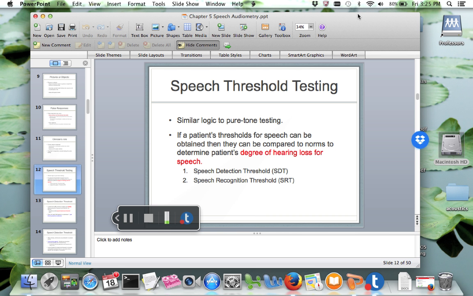Okay, so the first test that we're going to perform is speech threshold testing. This is similar to what we did with pure tone testing, but now we're using speech stimuli. So there are 2 ways to do it: speech detection threshold, and speech recognition threshold.